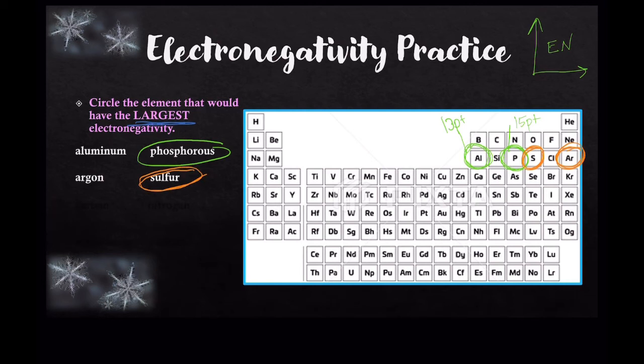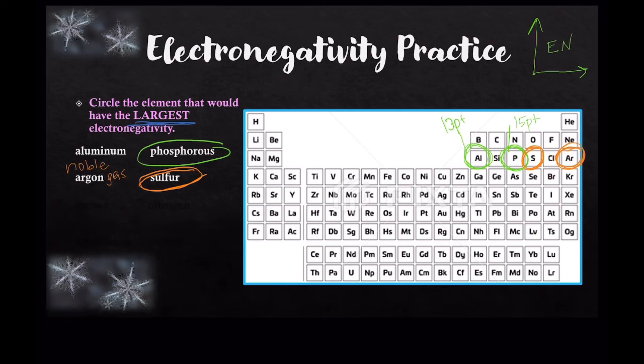Remember, argon is a noble gas. Do noble gases attract electrons? Typically, no, they don't, because they already have full electron orbitals. They're already stable. They don't need to gain any more electrons to become stable.